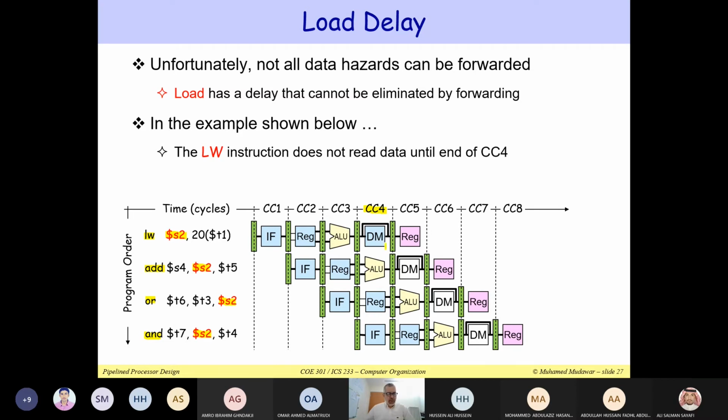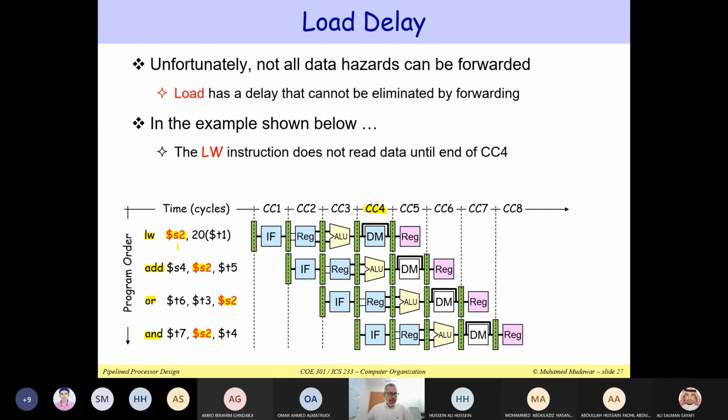So we don't really have the data except at the end of clock cycle number 4. It's not like an ALU instruction, in which we have the result of the ALU at the end of clock cycle number 3. So there is a difference when you have a data dependence and the instruction was a load.